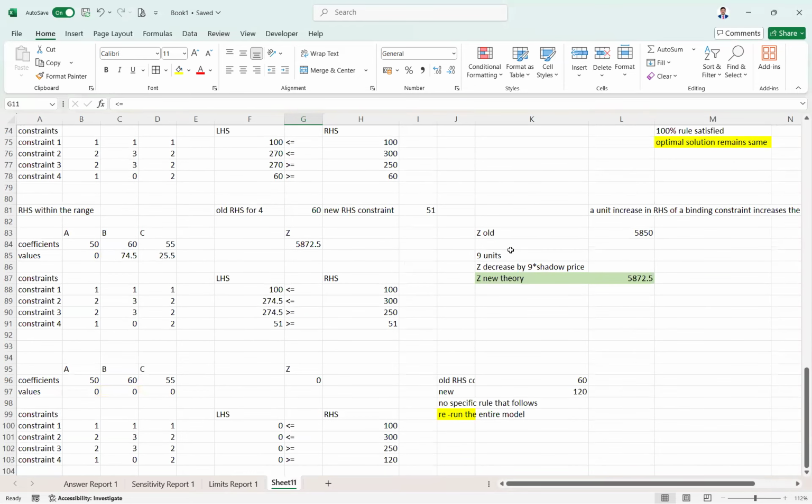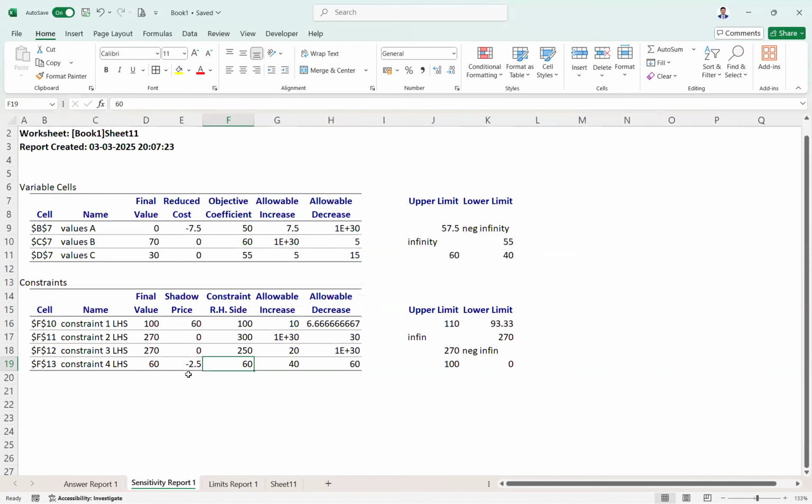Suppose here we have seen the C value has been reduced by 9 units. What we'll directly do is, like here, we have applied a formula. L83 is 5850. 5850 minus, because C reduced, 9 into minus 2.5. Why 9? It is reduced by 9 units. What is 2.5? Minus 2.5 is the shadow price for that particular constraint.